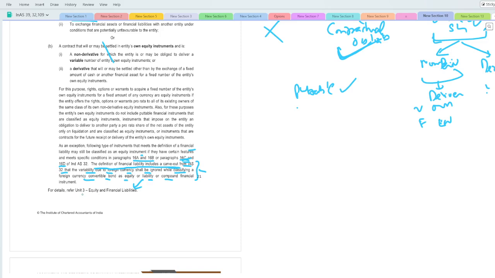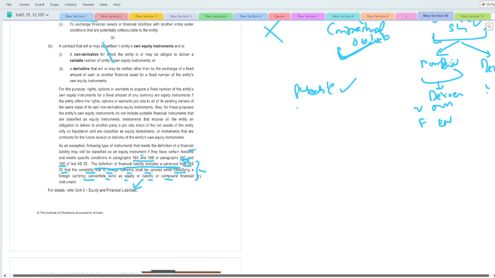We will cover this in unit 3, where they have given a complete detailed example. I don't want to divert here, so just park it for the time being and we will cover it in detail in chapter 3.